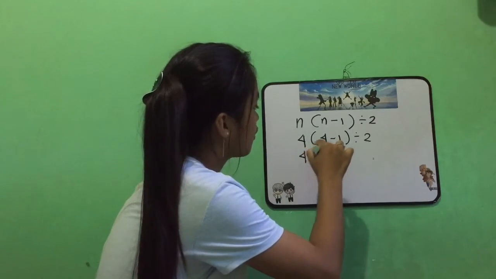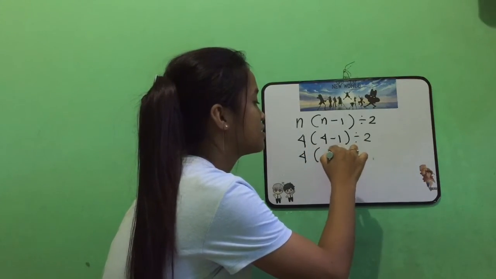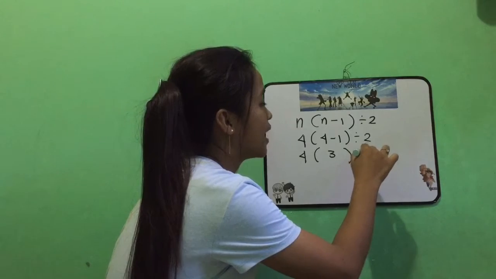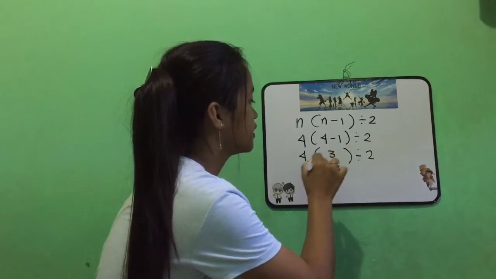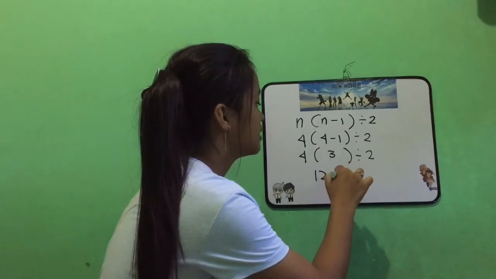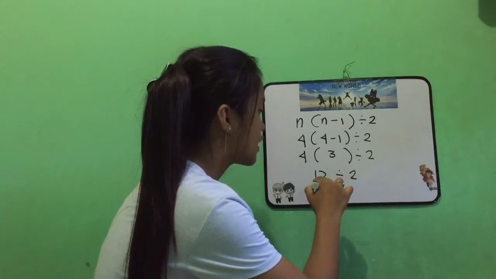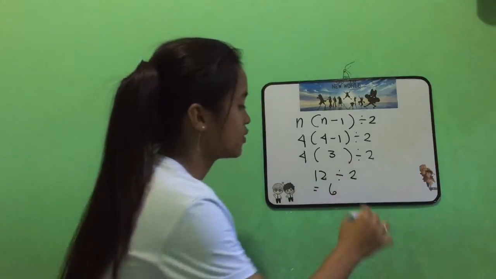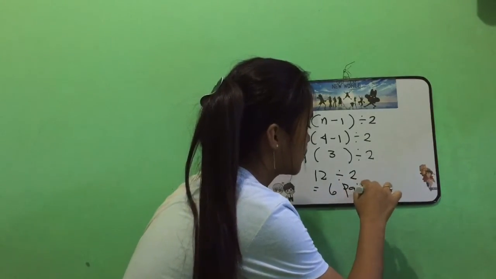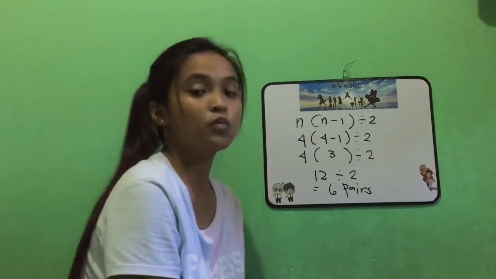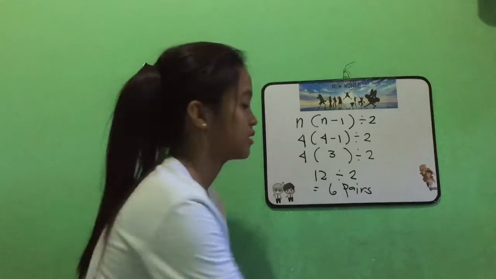So bring down 4. 4 minus 1 equals 3 divided by 2. So 4 times 3 equals 12 divided by 2. 12 divided by 2 is 6. So there are 6 pairs that we need to contrast.